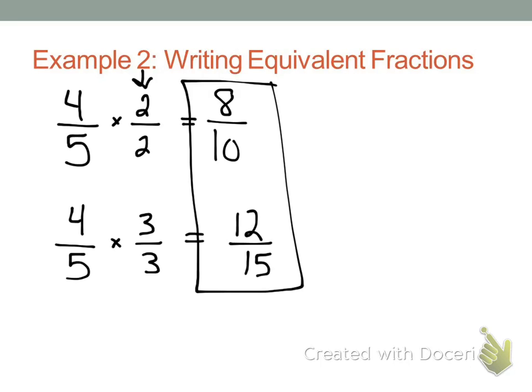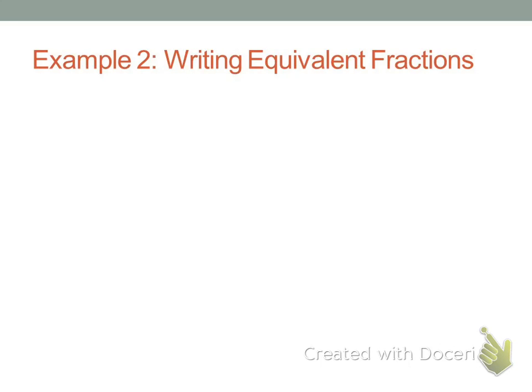You won't get credit unless you show me what you multiplied by to get your equivalent fraction. All right, questions? Look at another one, okay? Now, what if we had this, let's say 16 over 20 is my fraction. Okay, now, I'm going to tell you to give me at least 2 equivalent fractions.